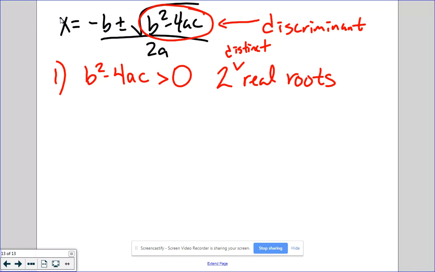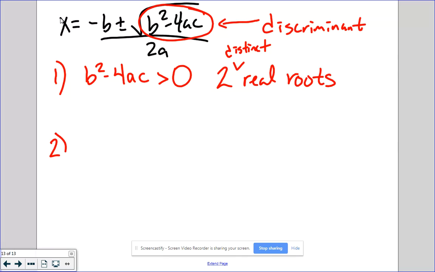So if I take negative b and add a positive number, and then take negative b and subtract a positive number, those will be different. So you will always have 2 real number answers if your discriminant is positive.